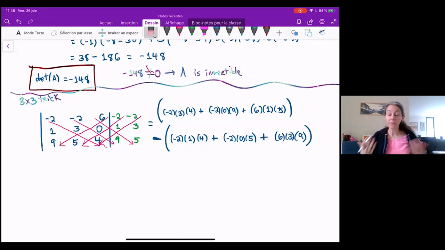All right, so then we just have to calculate these numbers and we should get negative 148 again.